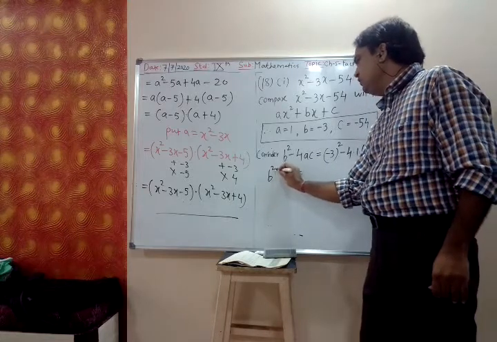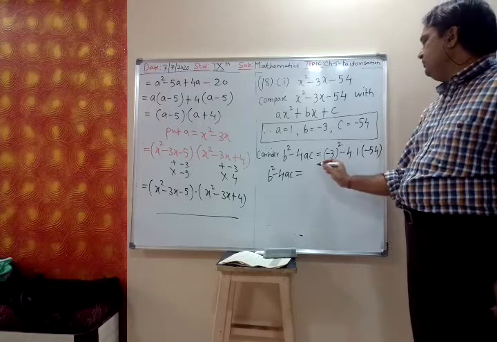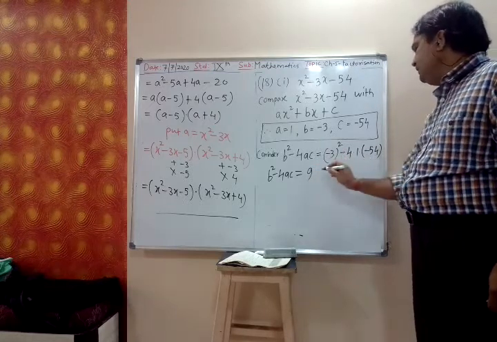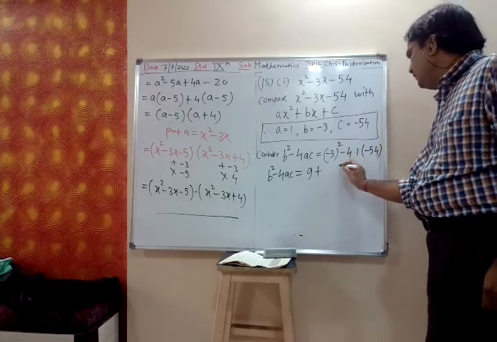Minus 3 square is 9, then minus into minus is plus, 4 into 1 into 54.